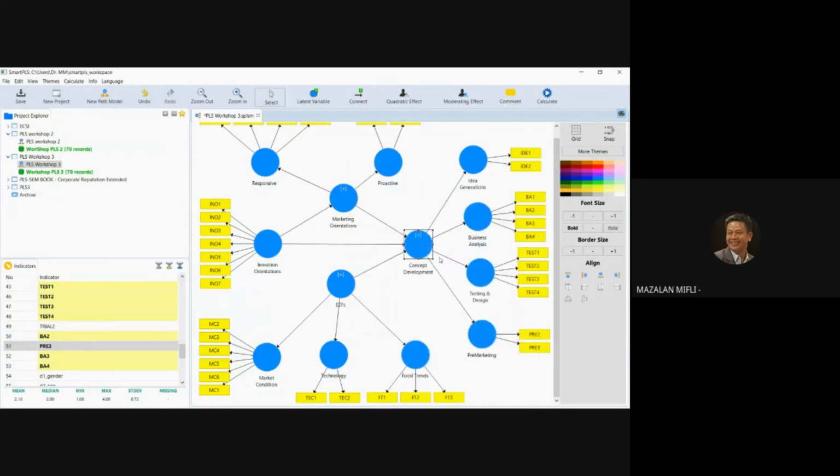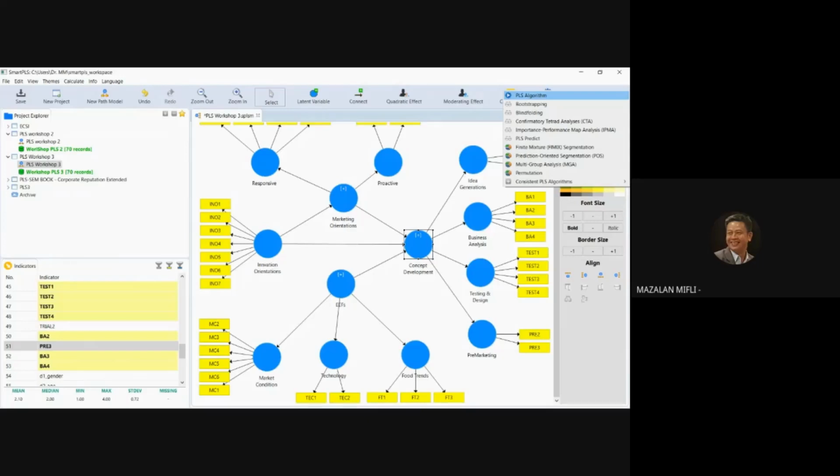All right, then we're going to run it again. That's how you do it. You omit one by one, then you run, then you run, then you run until you are completely satisfied that these are the ones you want to retain before you actually run the structural models.